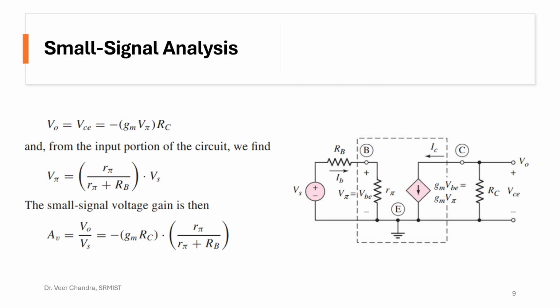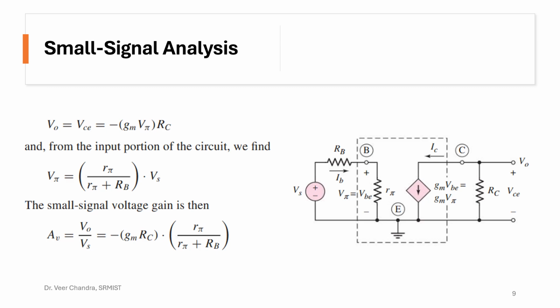Here, further analysis of the gain: how will you find the gain? First replace your transistor by the hybrid equivalent model, that is your resistor R pi, current source gm V pi, and then RC in parallel with your gm V pi, which is where you collect the output voltage.